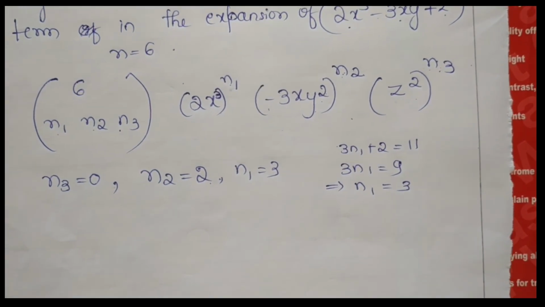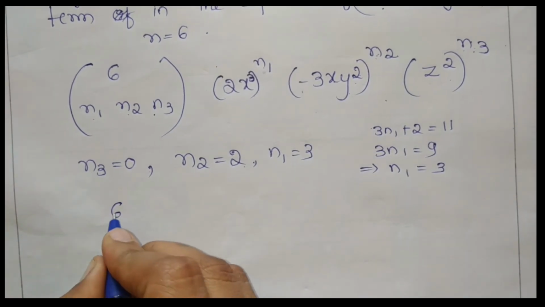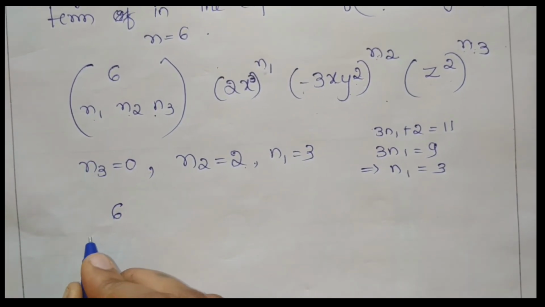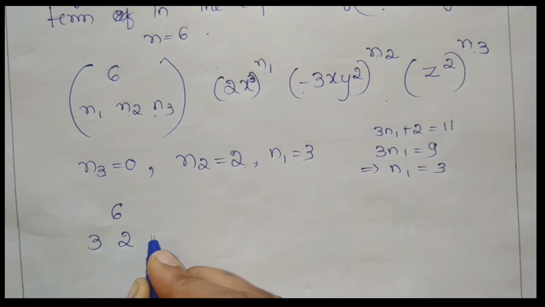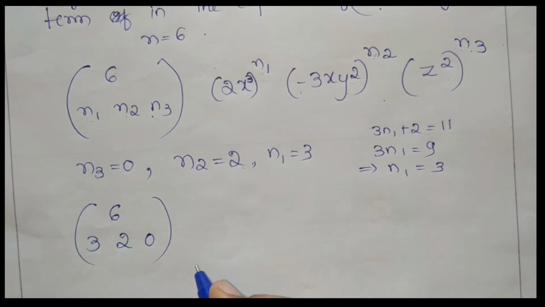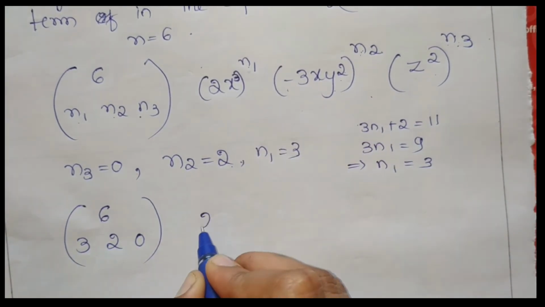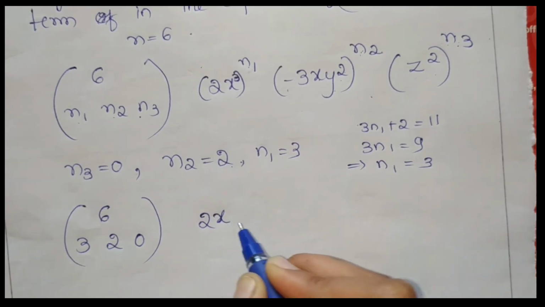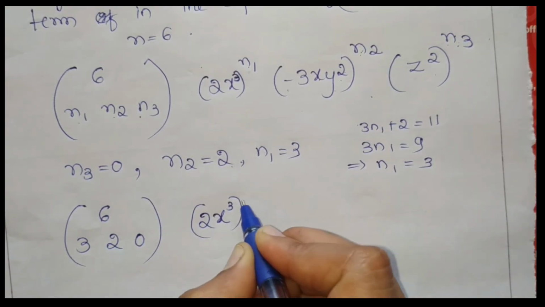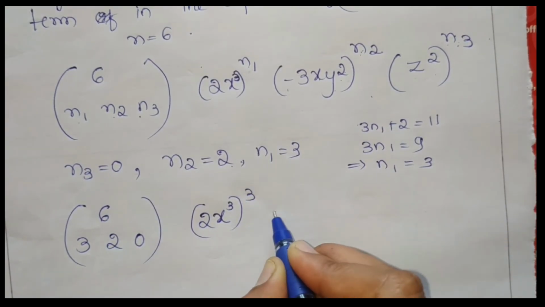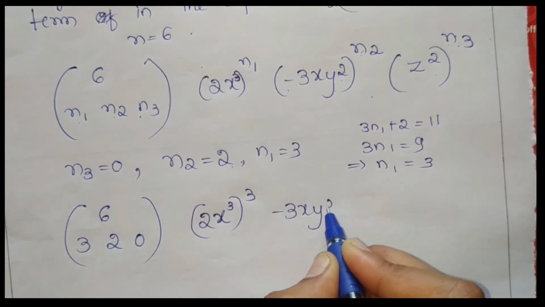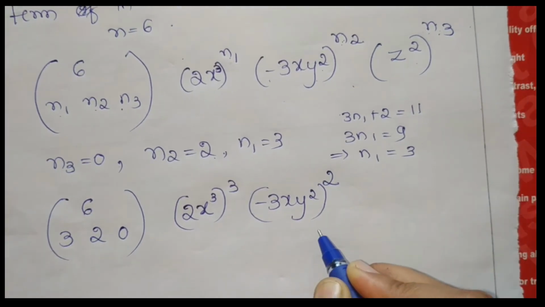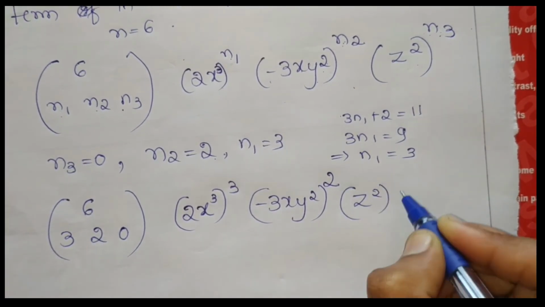Okay. So now simplify. n1 is equal to 3, n2 is equal to 2, and n3 is 0. Otherwise I will write another step, that is 2x cube raised to n1 which is 3, minus 3xy square raised to n2 which is 2, then z square raised to n3 which is 0.